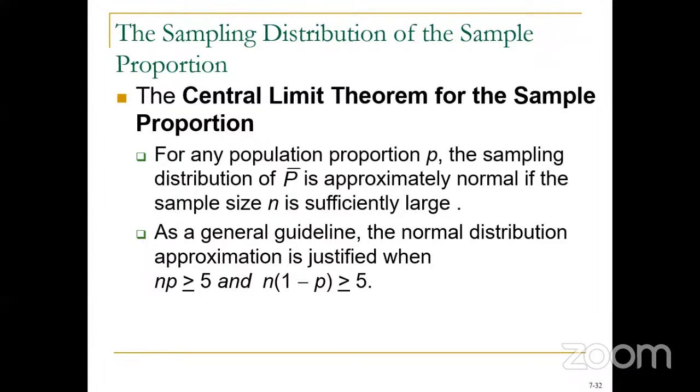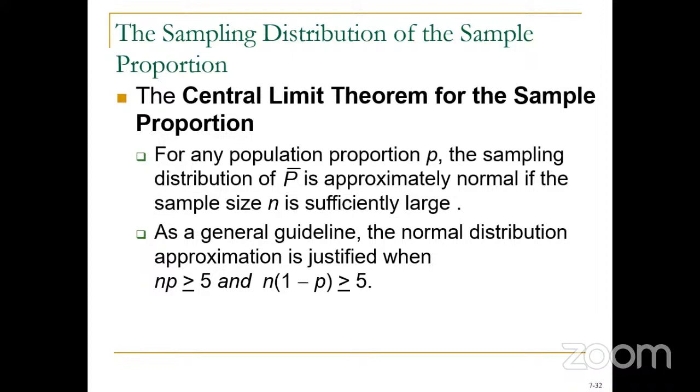We know that the probability of happening plus non-happening is 1, so p plus q is 1. We have to prove that np is more than or equal to 5 and nq is more than or equal to 5, where q is nothing but 1 minus p. To apply the central limit theorem, or assume that it is a normally distributed case, we have to check if these two assumptions hold true. If they hold true, then only we can apply.